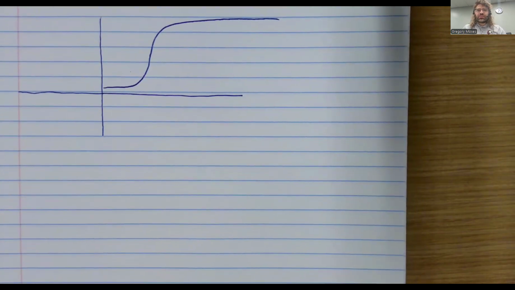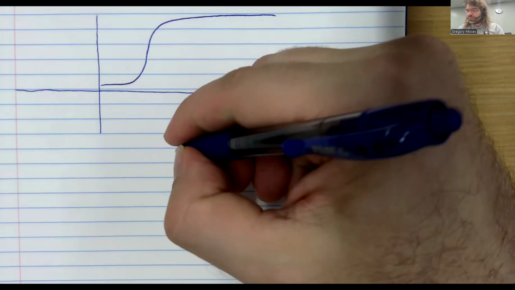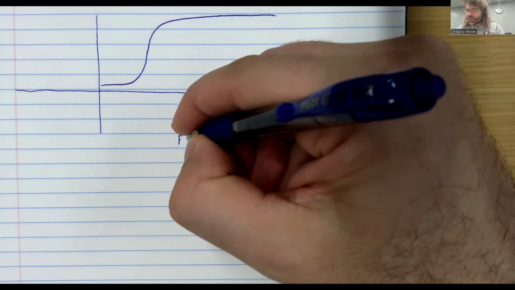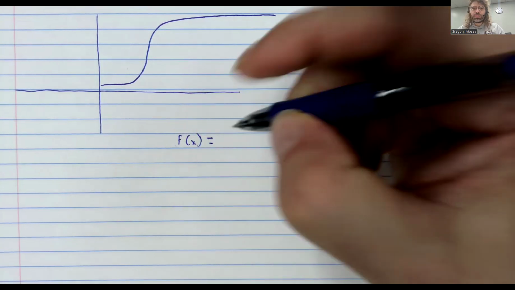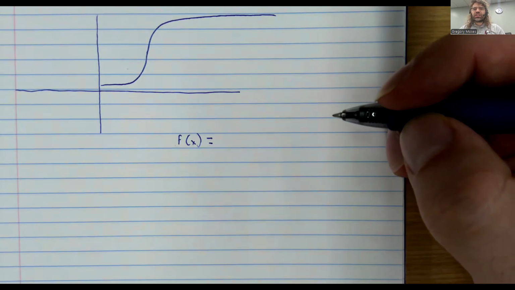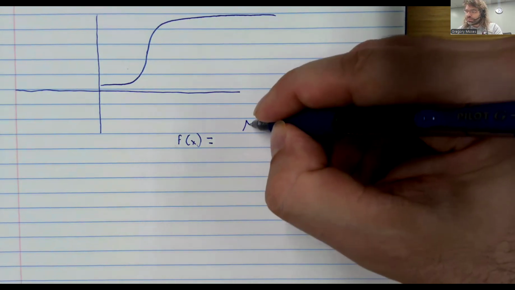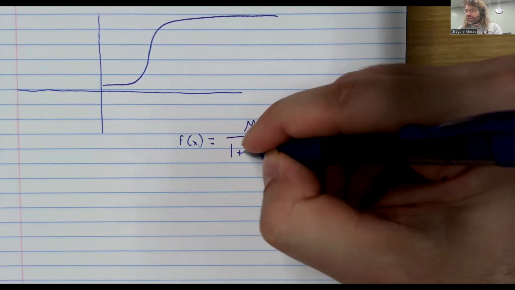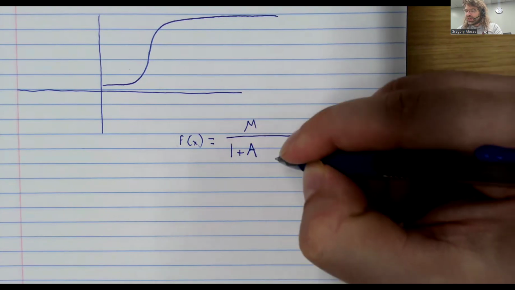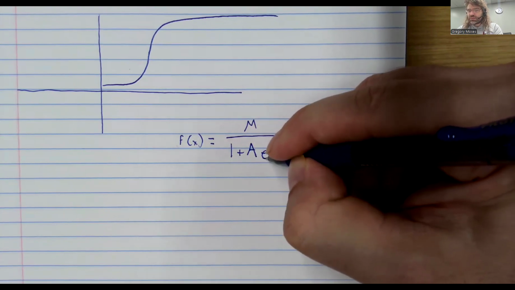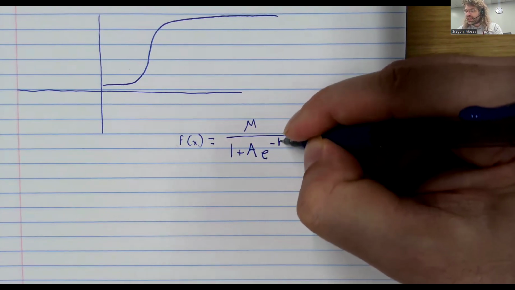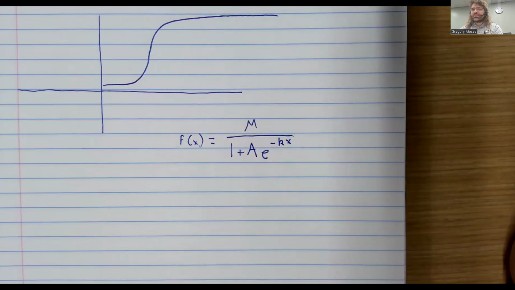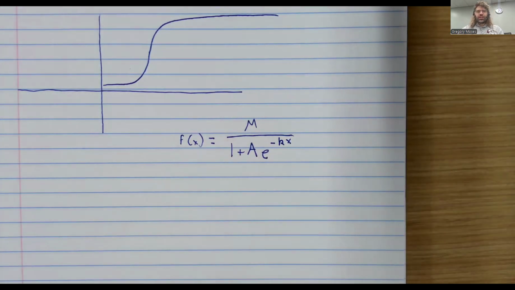It is f of x equals a constant m divided by 1 plus a constant a times e to the negative kx. So, not the prettiest equation.